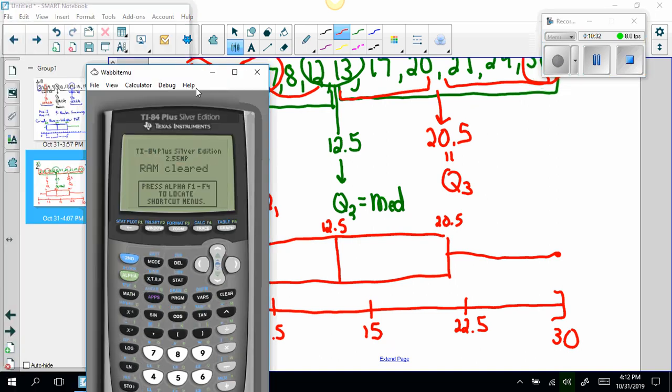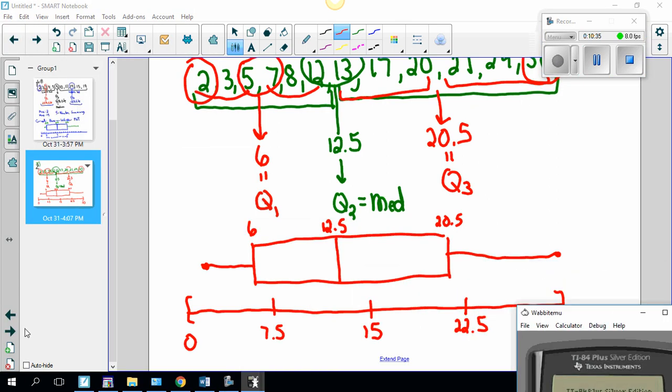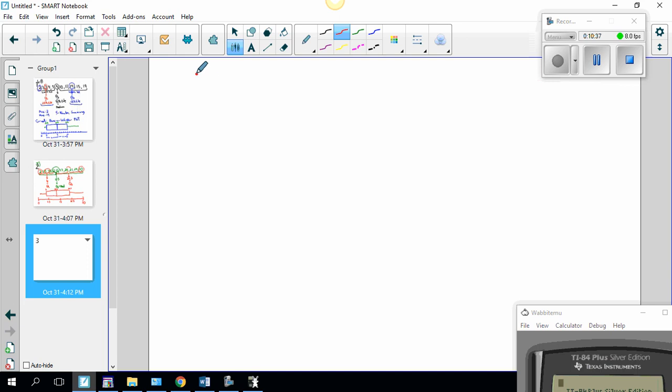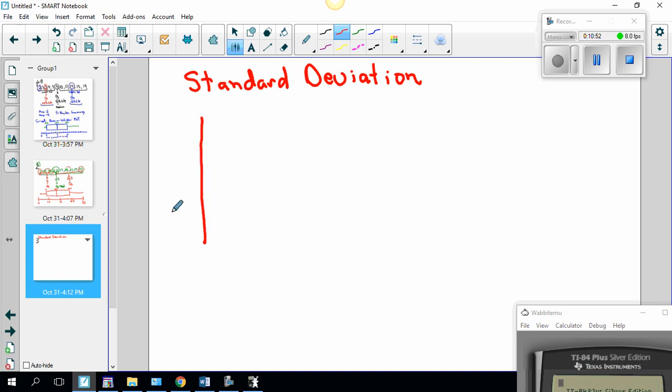There's a second way to kind of look at your data, and it's called standard deviation. Now, standard deviation is basically a made up distance formula. We have a distance formula, for example, to find the distance between 2 points, like the point 1, 2 and the point 5, 1.